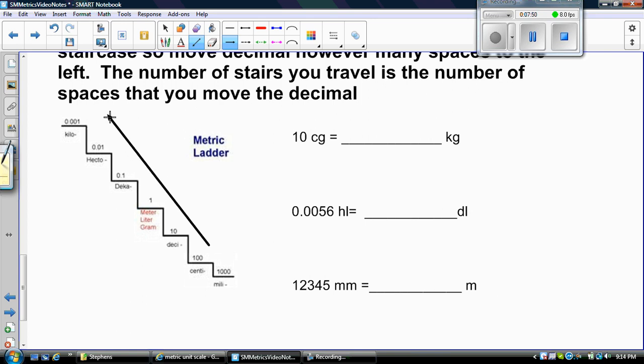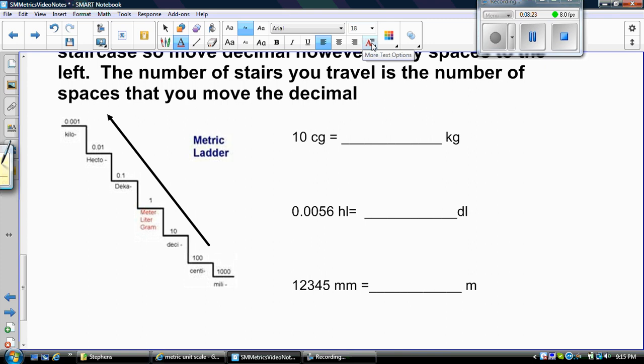Then I'm going to need to count how many stairs I go up so I know how many places to move my decimal. If I start out on centi, and I'm going to kilo, I'm going up 1, 2, 3, 4, 5. So I'm going to move my decimal 5 places to the left.